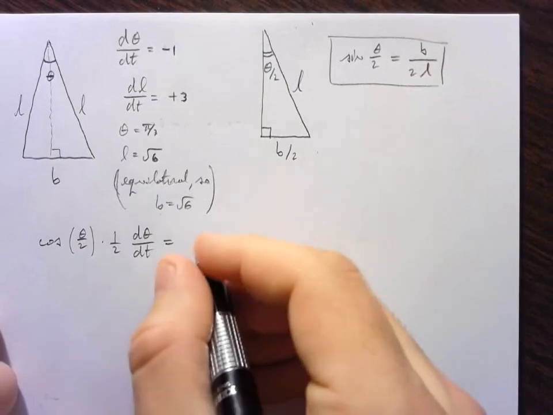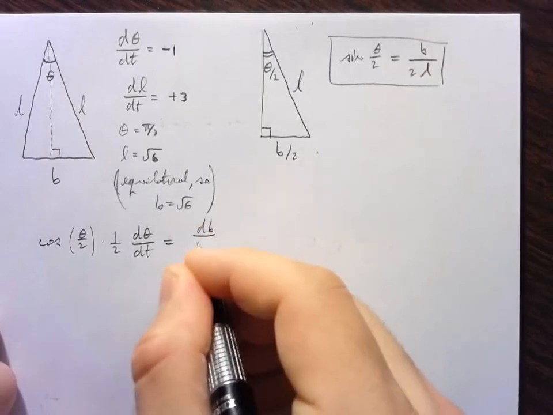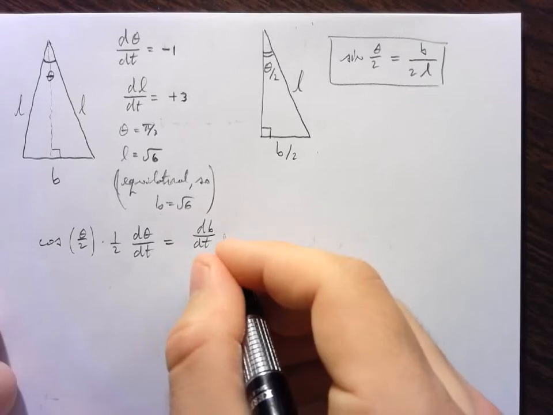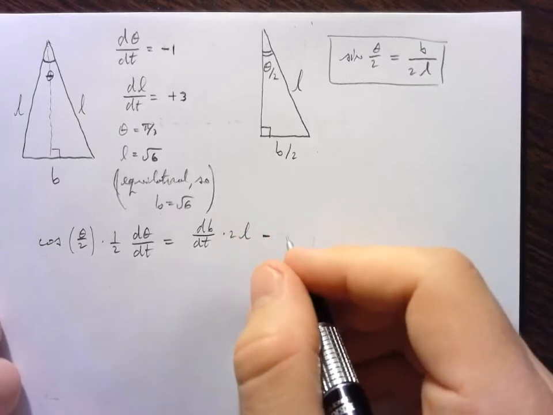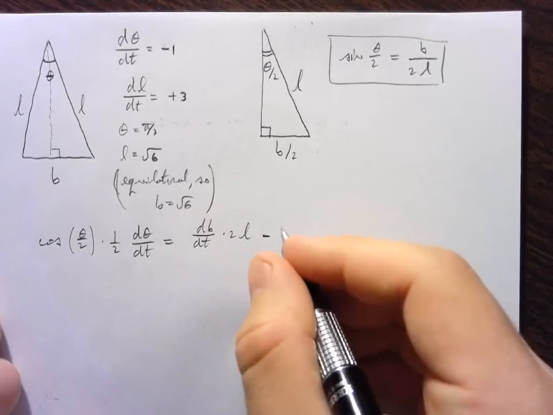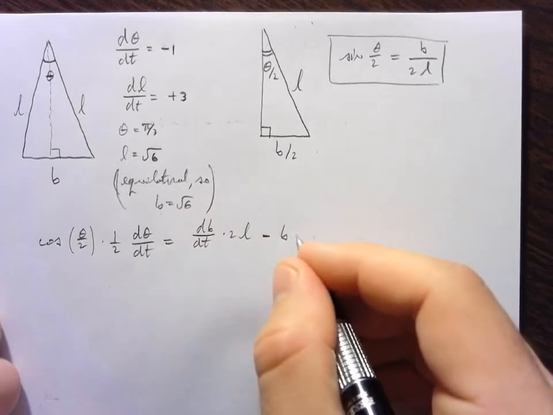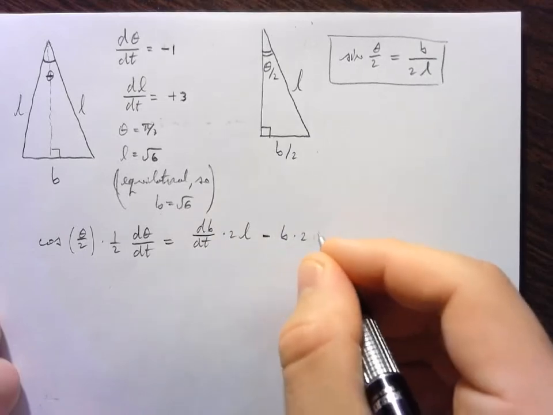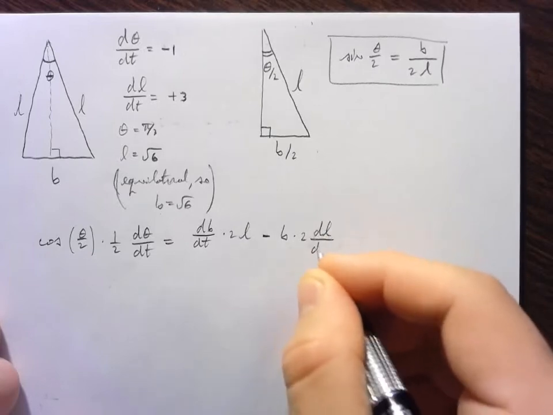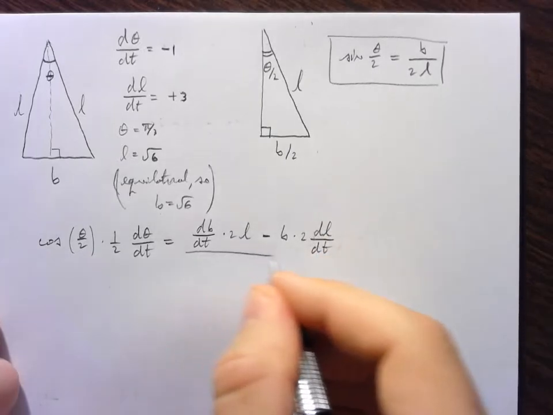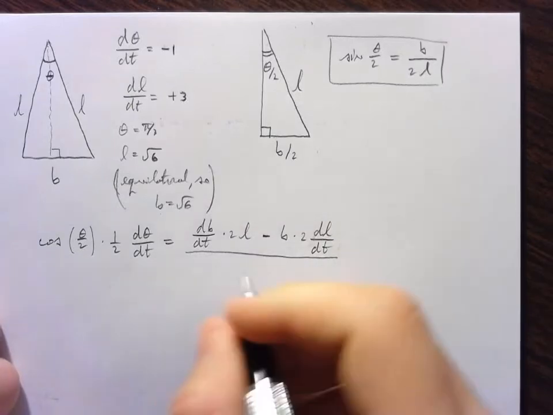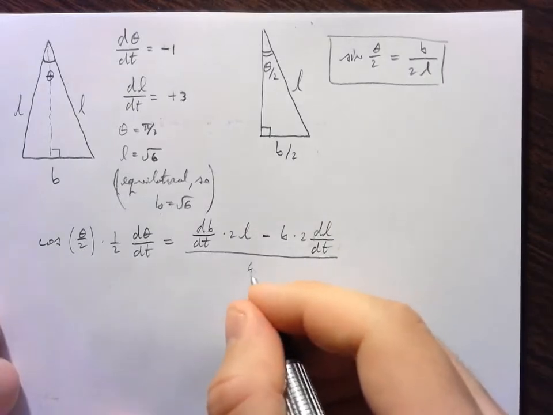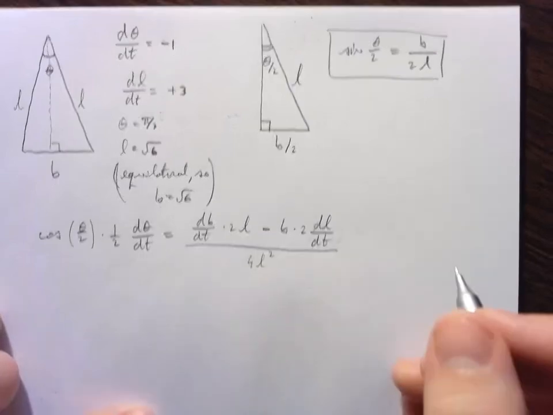So I have the derivative of the top times the bottom minus the top, so just B times the derivative of the bottom, all divided by the bottom squared, so 4L squared.